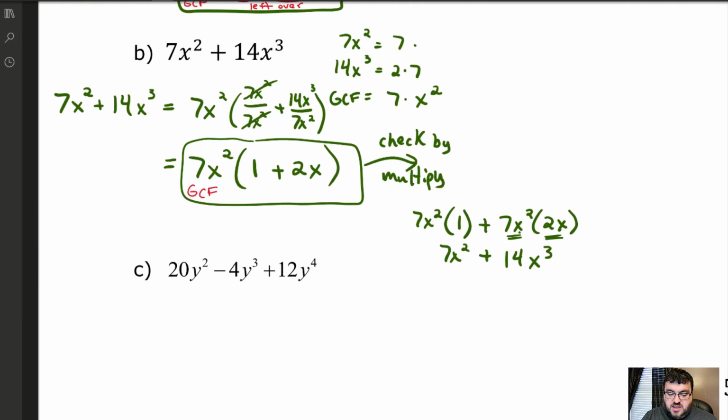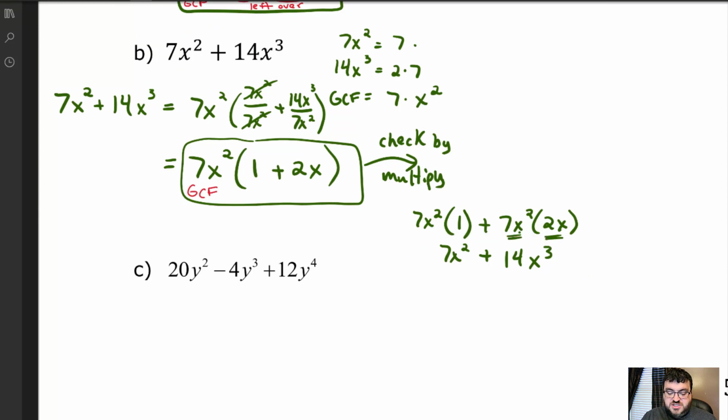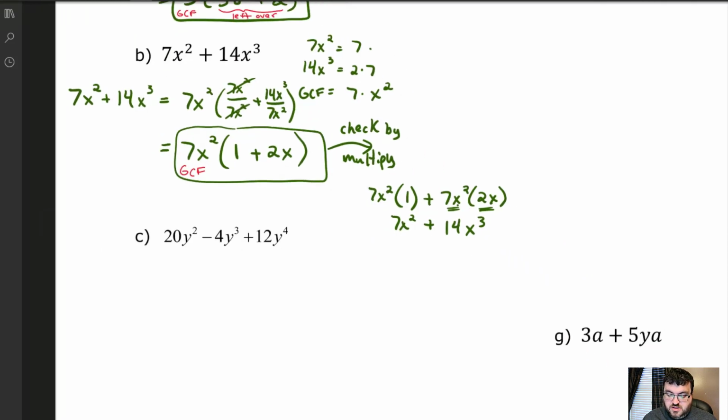And if you look here, what you got was your original problem up there. So if you did it right, you should have them looking the same when you go to check your solution. Okay, so just something to keep in mind if you want to check it.